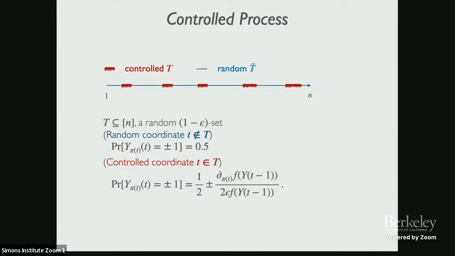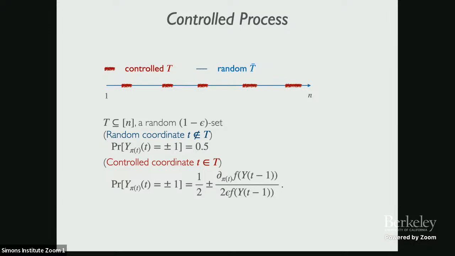Whenever the player gets a chance to play, he should set the probability distribution of setting +1 or -1 in a way so that in the end, this distribution is the same as the distribution of the conditioned process.